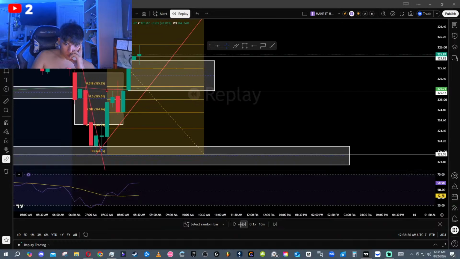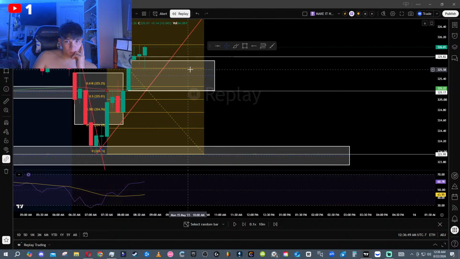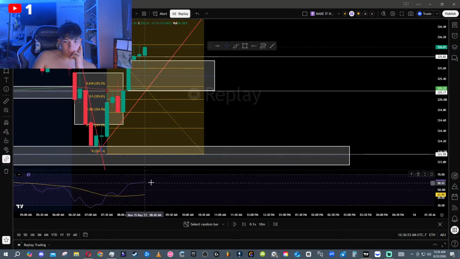But here, I always let market run out. See what happens. See? Shot up. But at the same time, it shot down right where we would have set our TP. You feel me? But also, RSI stayed in the same spot. It went up.